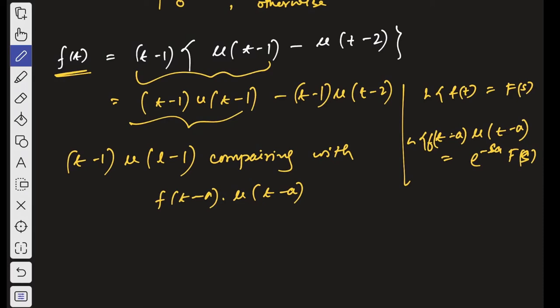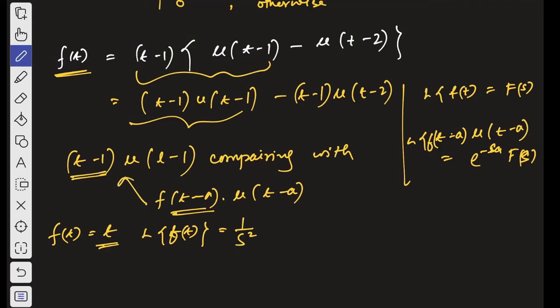Here you can see that we can consider t minus a as this t minus 1. So we can take f of t equal to t here. If you find the Laplace transformation of f of t, you will get 1 by s square, right? The Laplace transformation of t will be 1 by s square. And if you compare this function, you will get a equal to 1.